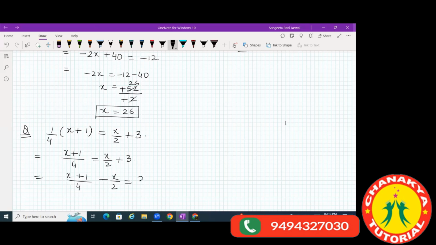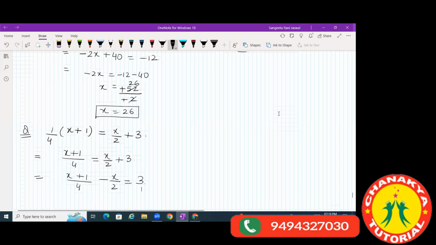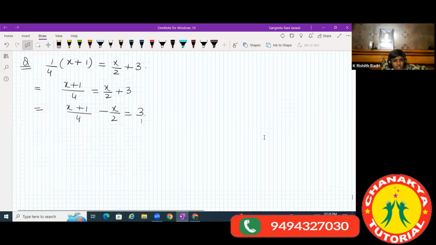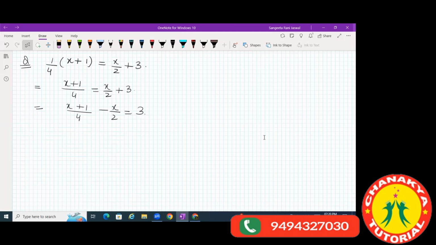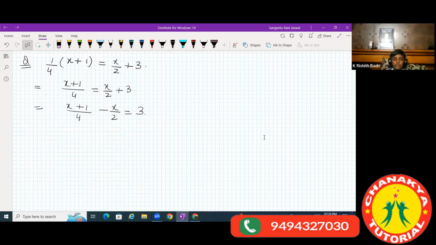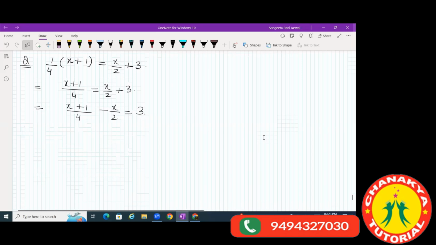Okay. So far no one did this question. Ma'am, you kept x plus 1 by 4 minus x by 2 is equal to 3. I have taken all the X terms on one side. Is there anyone who has done this question? I gave you time to do.